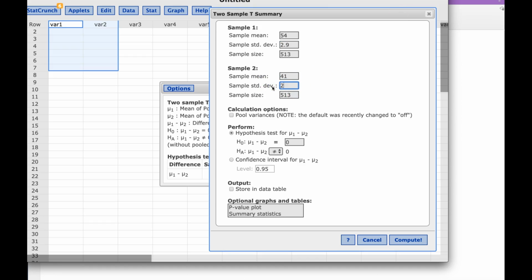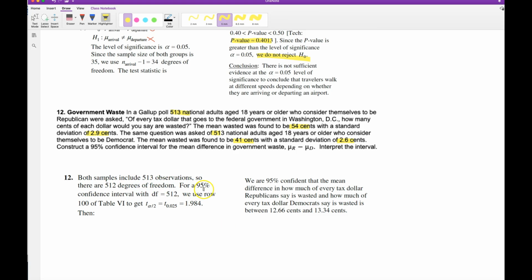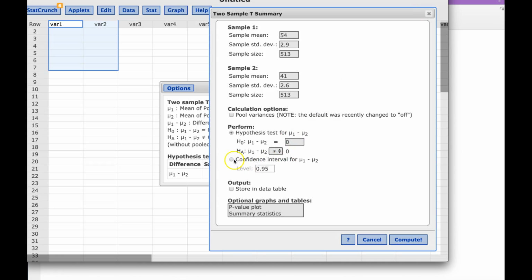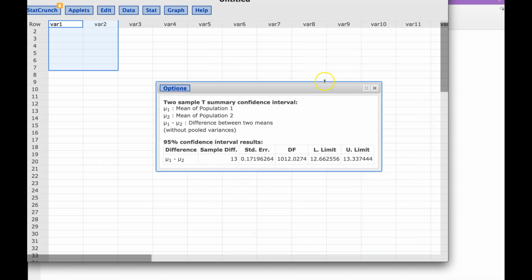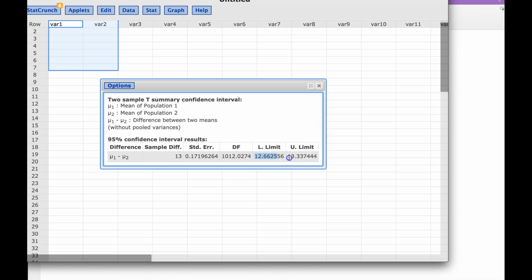We're trying to see, is there a difference between those two groups? We could run a 95% confidence interval to see that. Make that 95, compute, and you can see the difference between Republicans and Democrats is somewhere between 12.6 cents and 13.3 cents, approximately.